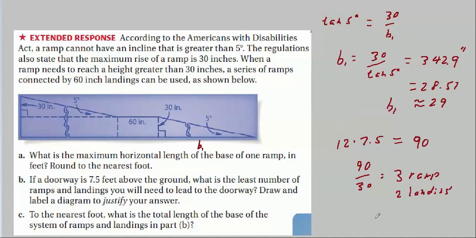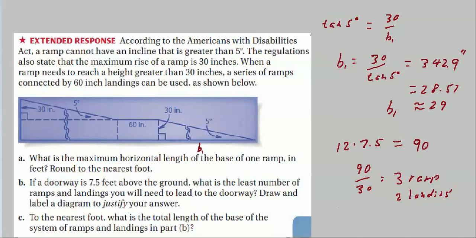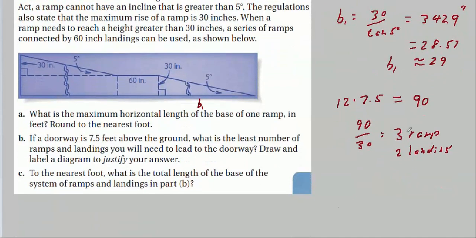That's this base here. So, give myself a little more room here. And so we can write that the total base is going to be 3 times 28 point, I think it was 57. I can't read my own writing most of the time.